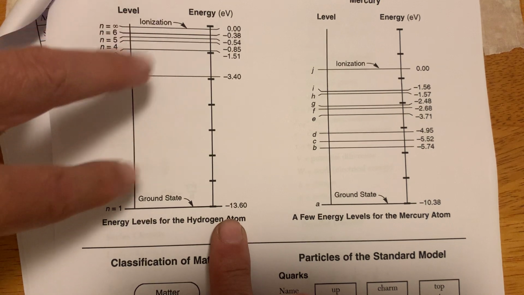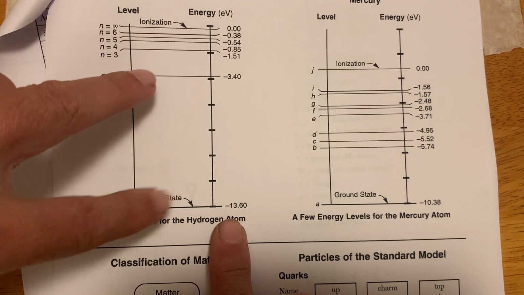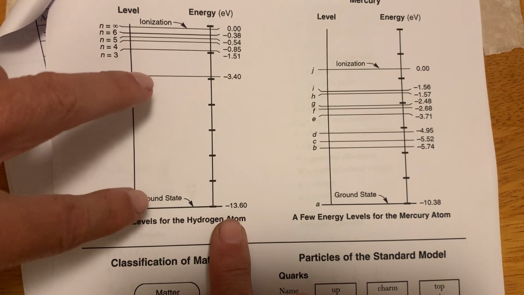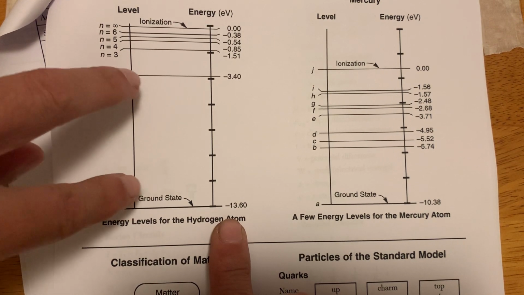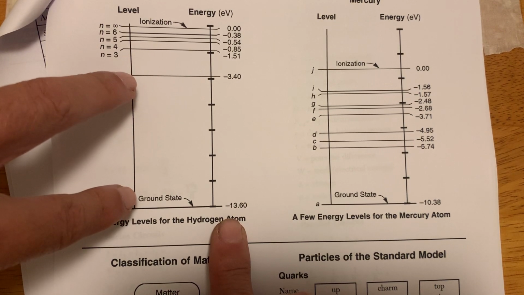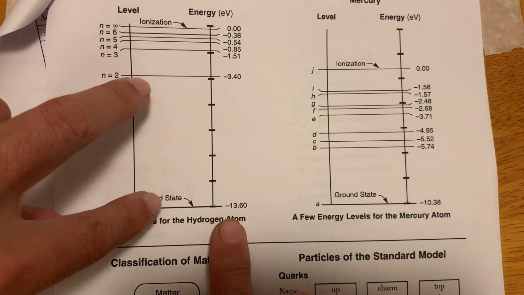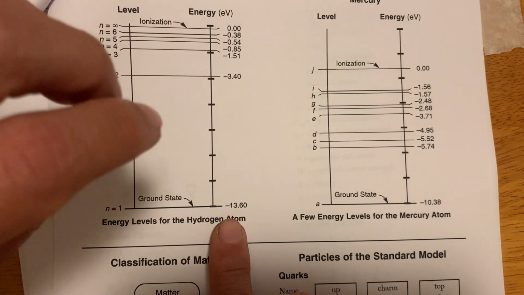But let's go back to this quantized business about energy. Specifically, what type of energy is the hydrogen atom allowed to emit or absorb? Which I mean is, it's quantized.